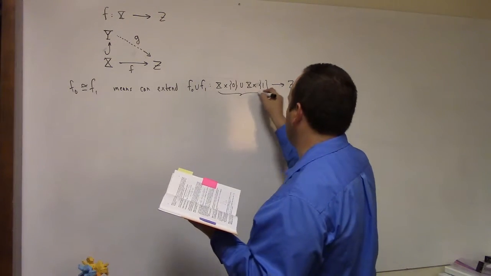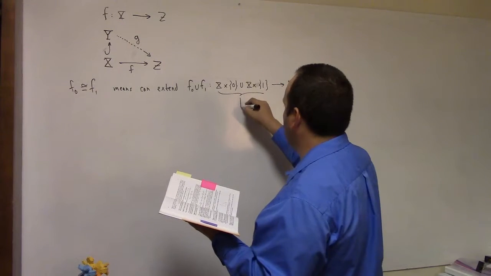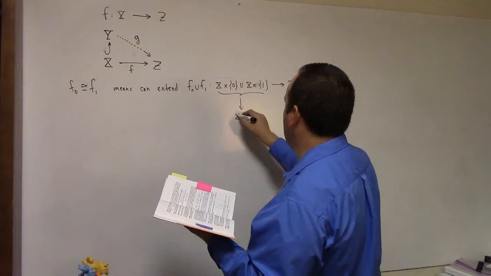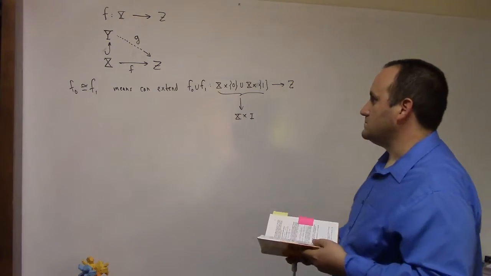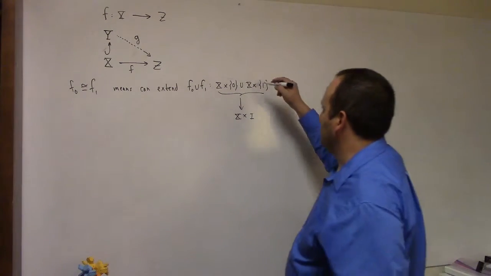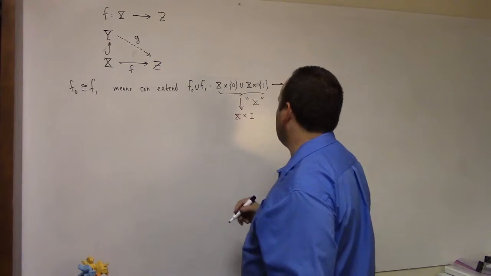So basically you want to extend to X across the whole unit interval, right? So this is playing the role of X over here, right?